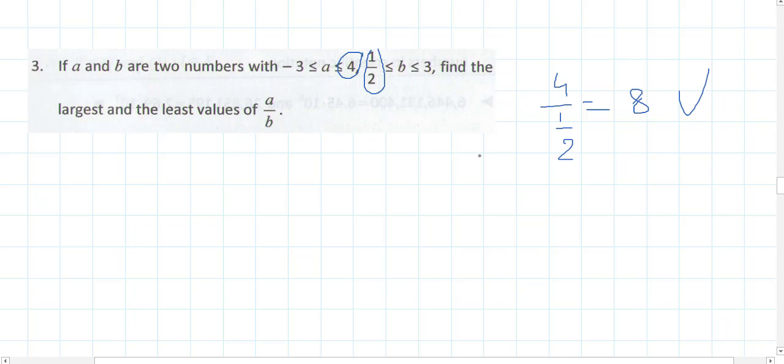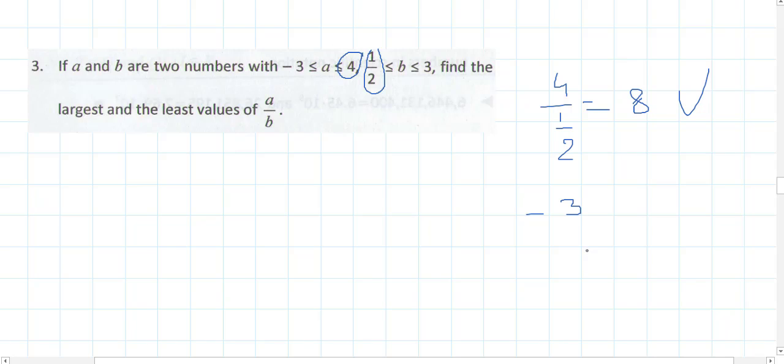So now to find the least value, take here minus 3 as the numerator, the least value, and for the denominator, if we take, for example, the largest one, 3, we have minus 1.